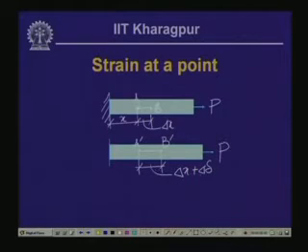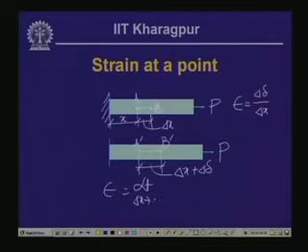Thereby, extension of this fiber is del delta, and as we have defined, the strain epsilon for this particular fiber is del delta over del x, and the strain at this particular point A we can define as, as delta x tends to 0, del delta over del x. This we can write as d delta over dx.